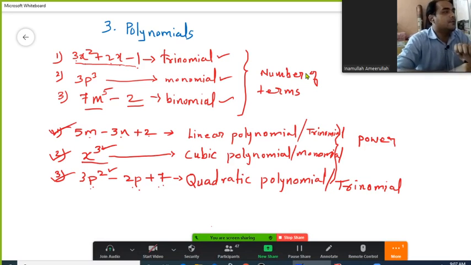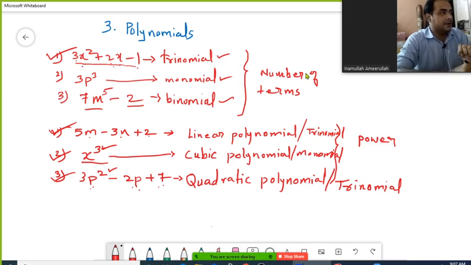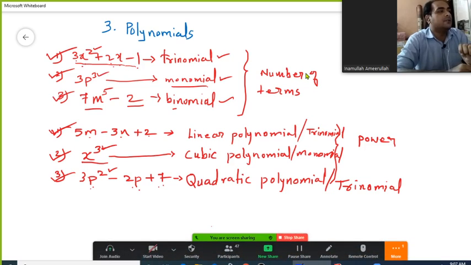Now come to these three. This first one is trinomial because it has three terms. But you can say it is quadratic polynomial because highest degree is 2. Same way, this second polynomial is called monomial. But besides monomial, we can call it cubic polynomial because highest degree is 3. And this third polynomial is called binomial.